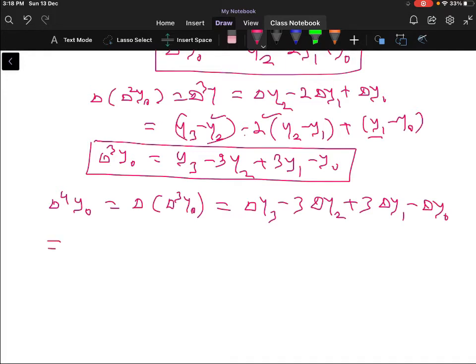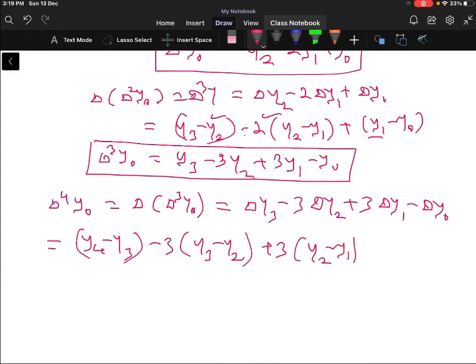Now delta y3 is y4 minus y3, minus 3 times delta y2, which is y3 minus y2, plus 3 times delta y1, which is y2 minus y1, minus delta y naught, which is y1 minus y naught.